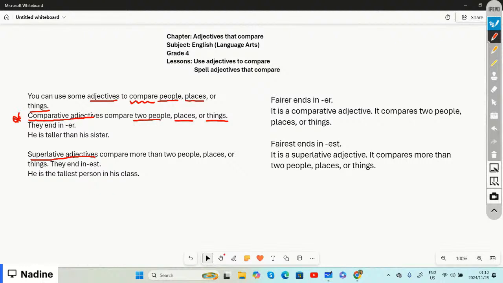Let's say, for example, you and your friend are standing next to each other, and we now need to check who is taller or who is shorter.